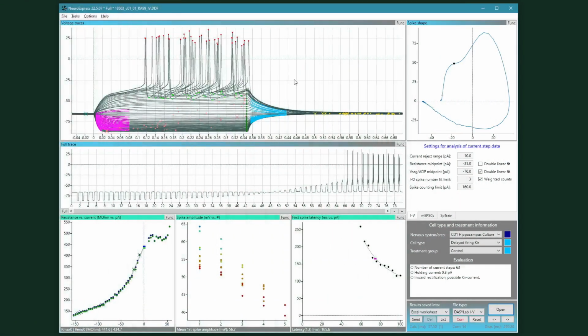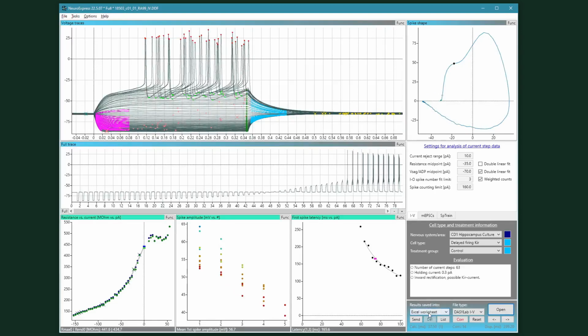After we set up all the parameters and optimized our analysis, we want to save the calculated physiological parameters into a result file or a worksheet.